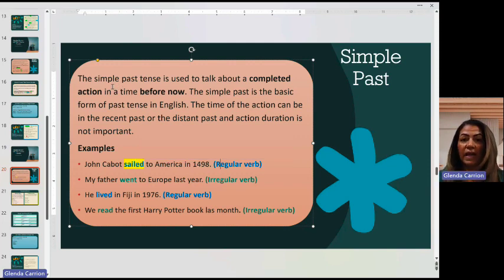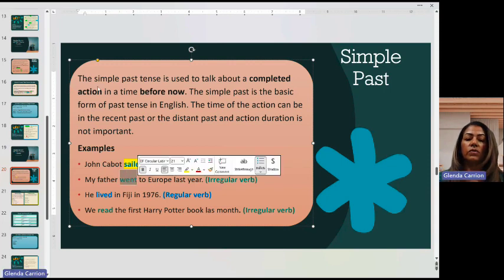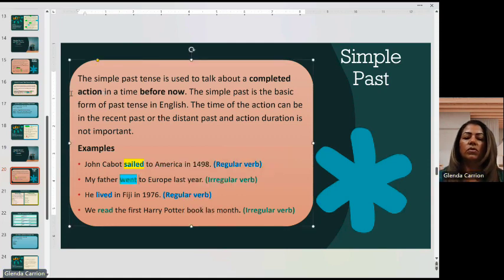So look at the difference when I am using an irregular verb. My father went to Europe last year. Went is an irregular verb. I'm going to use the color blue to talk about the irregular verbs. The present tense of the word went is go. That would be the verb in present.